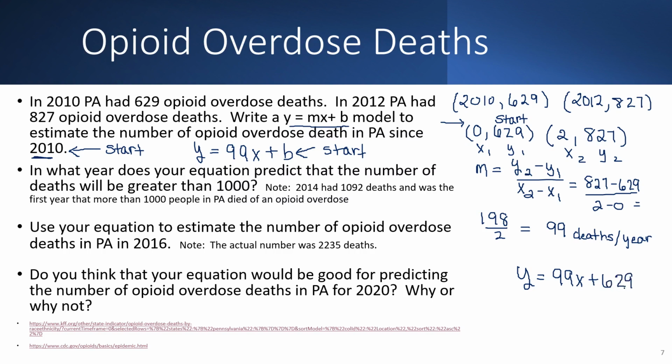And this equation will allow us to predict how many deaths from opioid overdose there were in Pennsylvania each year. So I am going to clear my screen and erase all of this so we have room to start the next problem, but we are going to use this answer over again. So give me a moment.